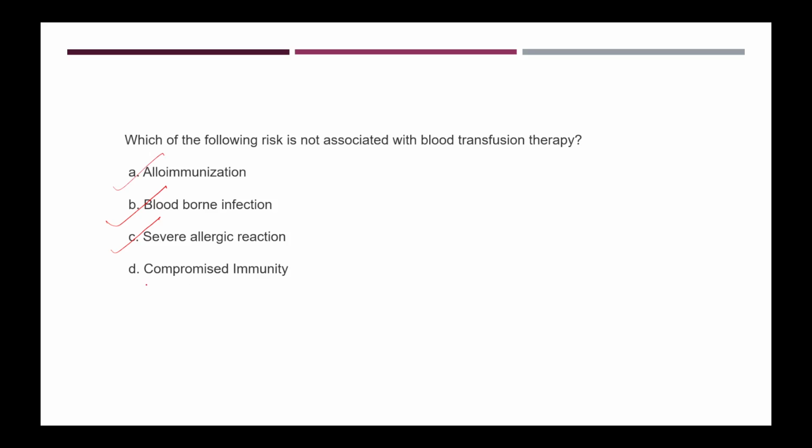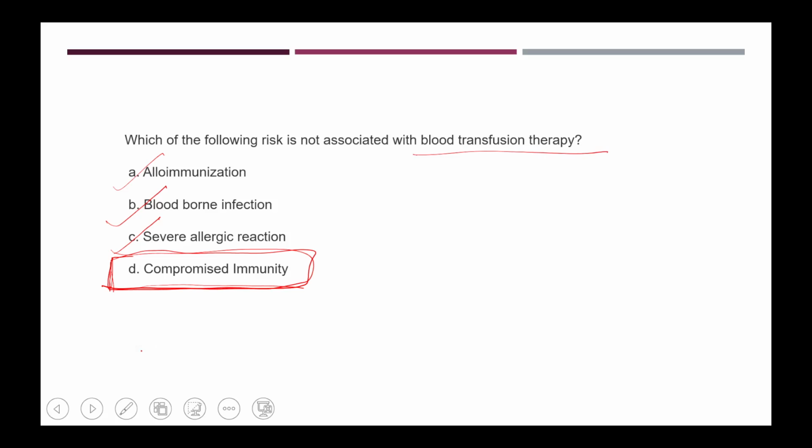However, compromised immunity is not a risk, because it comes from mutations present in some genes, but that doesn't get carried with the blood. So compromised immunity is not associated with blood transfusion therapy.